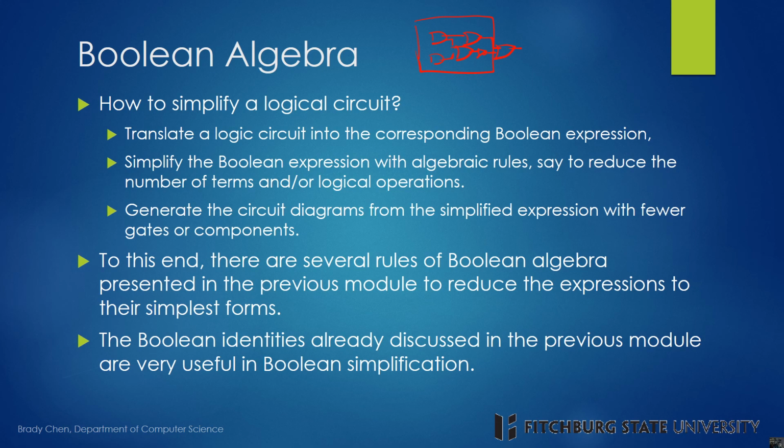The first thing we need to do is translate the logic circuit into the corresponding Boolean expression. So based on this, we can convert it into some kind of Boolean expression, like f of x, y, z. Suppose we have inputs x, y, z, a, so there are 4 inputs.